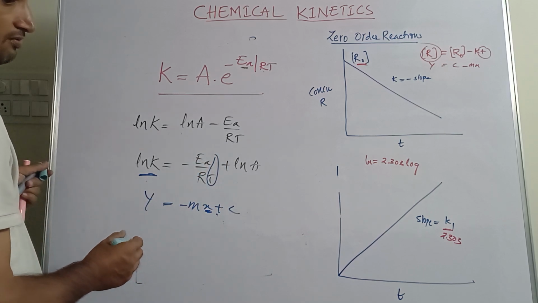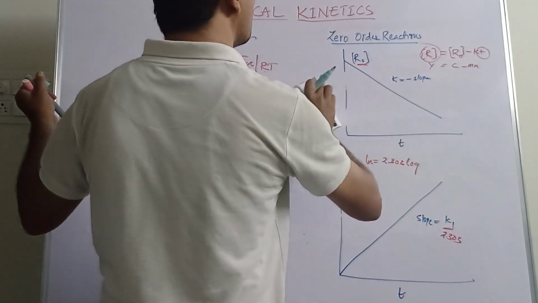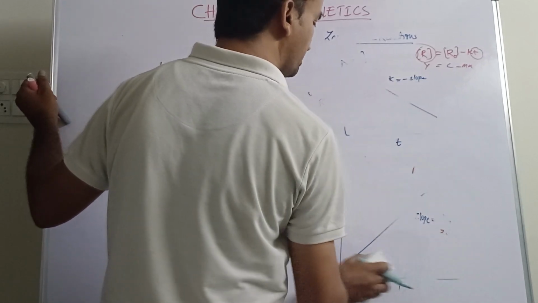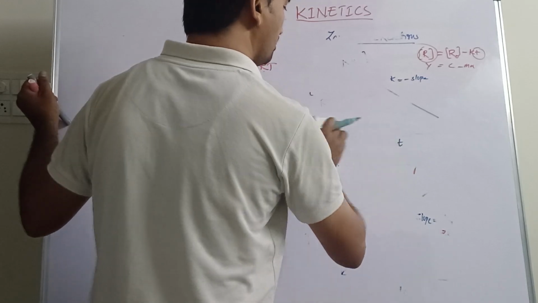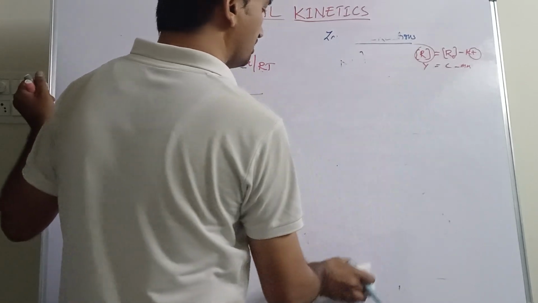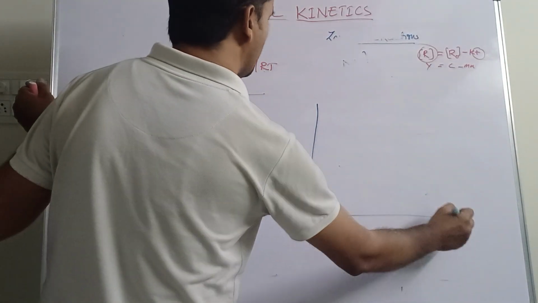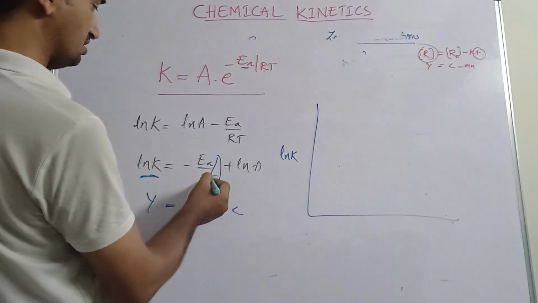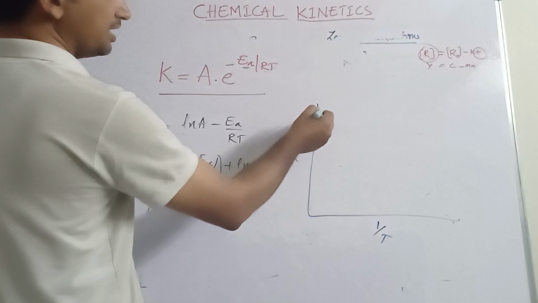So what will be the nature of the graph? Again, we are getting a negative slope. If you plot the graph ln K versus 1 by T, we are going to get a negative slope.